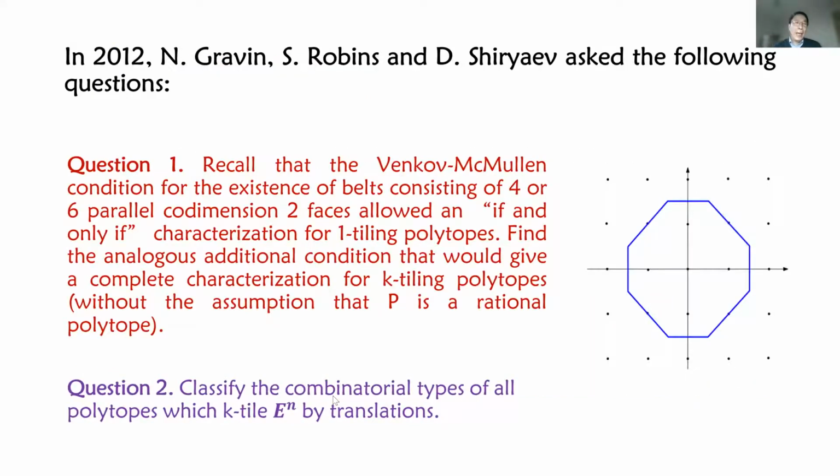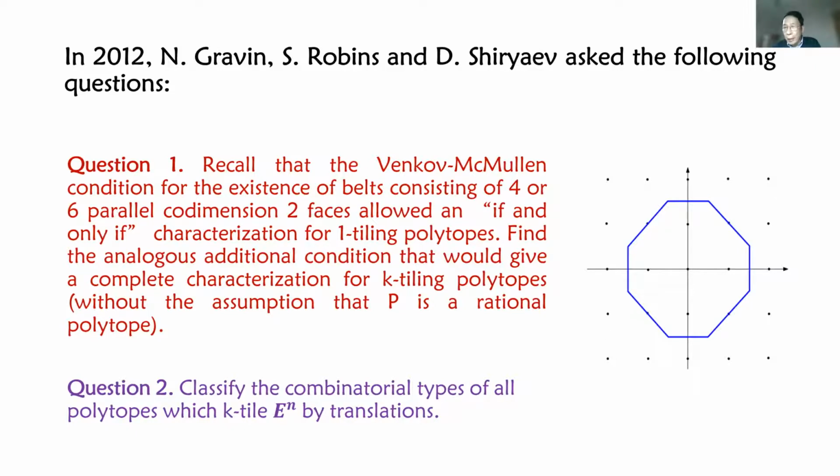In 2012, Robinson and his co-authors studied the multiple tiling. At the end of their paper, they discovered one very interesting example. This picture here is an octagon. As I said, the one-fold tilings are the parallelogram and the centrally symmetric hexagon.